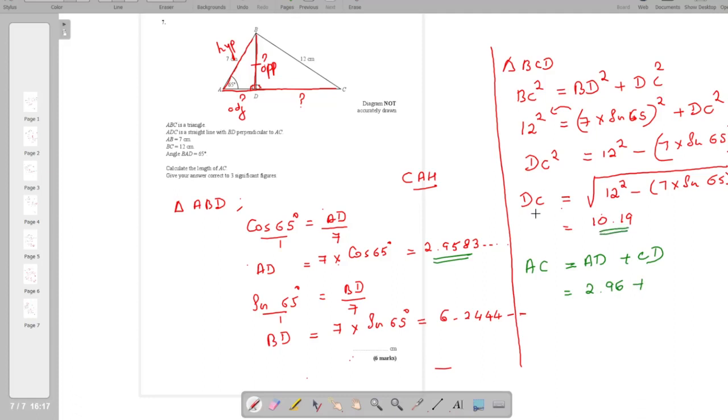CD, we found DC, which is 10.19. If you add them together, 13.15 centimeter. Right, that's the end of the 7 questions.